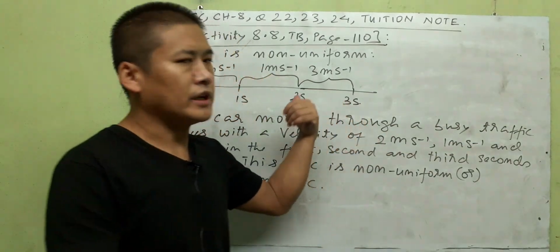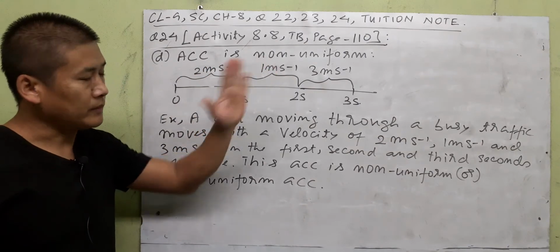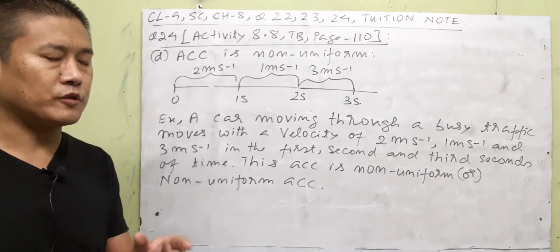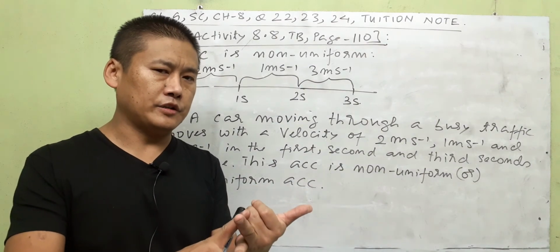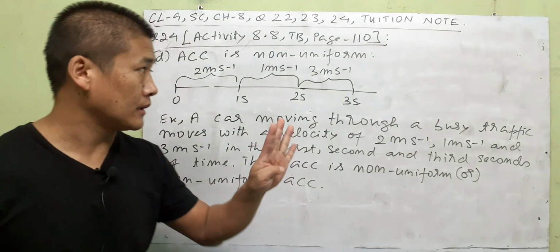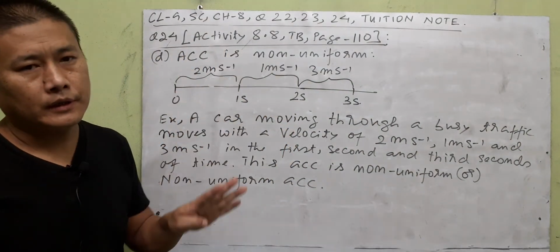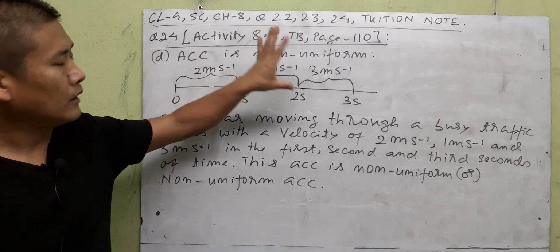That kind of change of velocity, which is not uniform, is called non-uniform acceleration. Okay, so as I said once more, positive acceleration, negative acceleration, uniform acceleration, and non-uniform acceleration. These 4 we have discussed in this activity. Okay, this is important. We'll discuss the remaining in the next class.